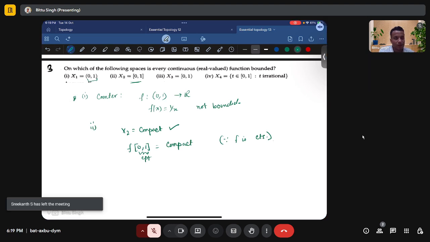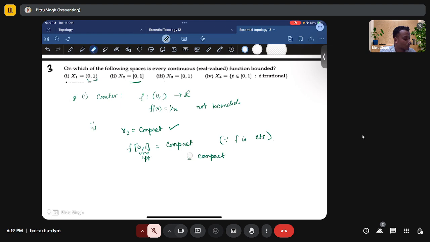And we know any compact subset of R is bounded. So 2 is okay. It is bounded. Any function from closed [0, 1] to R will be bounded.